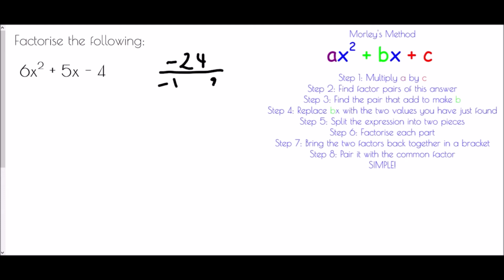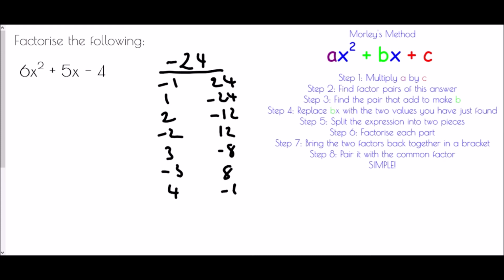Well, to multiply to make negative 24, it could be negative 1 and 24, or 1 and negative 24, 2 and negative 12, or negative 2 and 12. It could be 3 and negative 8, or negative 3 and positive 8. It could be 4 and negative 6, or negative 4 and positive 6.